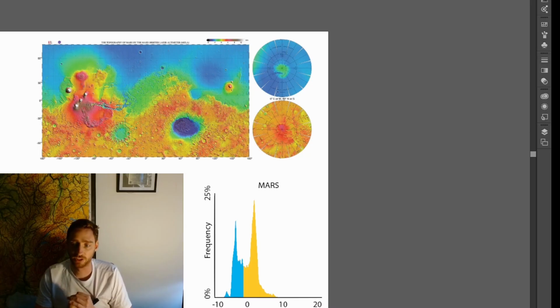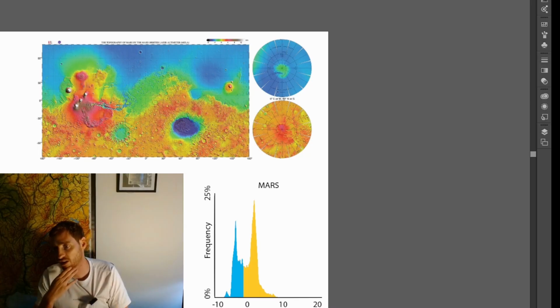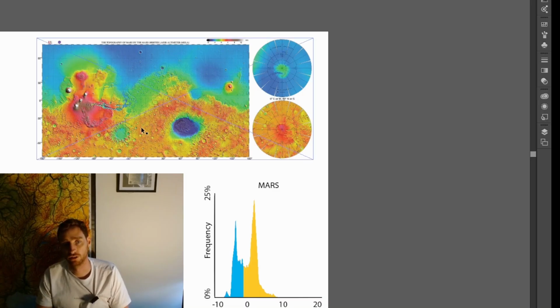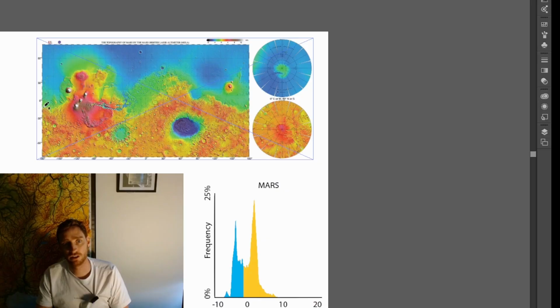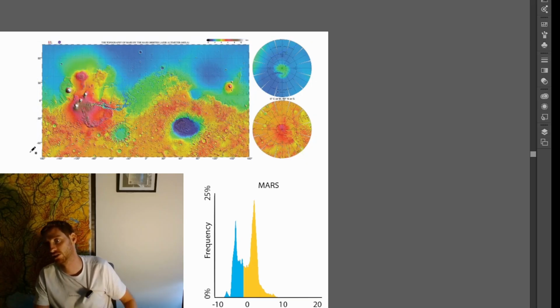And this really comes down to just the basic observation that Mars has a bimodal topography. So this is a topographic map of Mars. And you can very clearly see that the southern hemisphere of the planet has much higher elevation, right? All these reds and all these oranges. The elevation on average is far higher than in the north, right? So the entire northern hemisphere is just a lower elevation than the south.